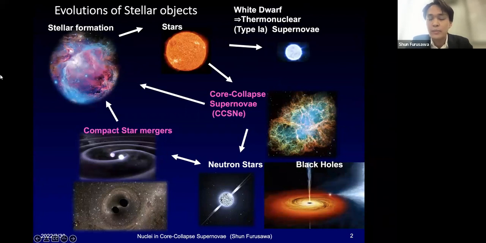First of all, core collapse supernovae occur at the end of the chemical evolution of massive stars. After that, a neutron star or a black hole is formed. Recently, we can observe gravitational waves from neutron star mergers.